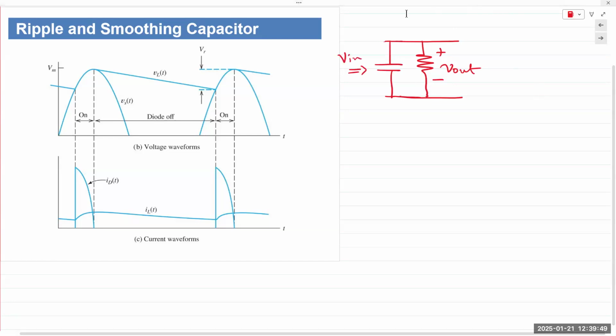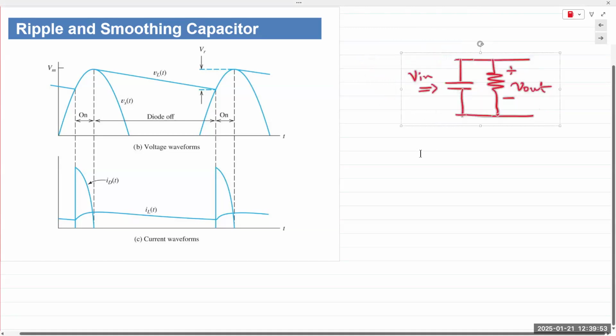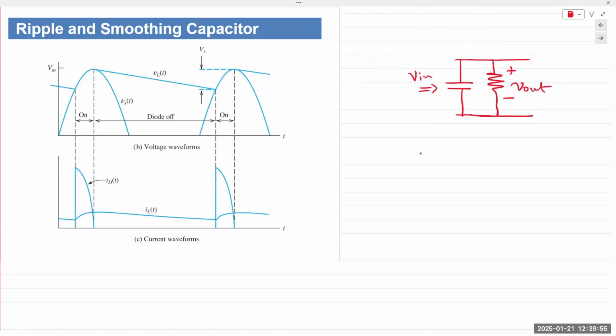And the V in is basically the output of the rectifier circuit. So what happens? Quick illustration. The capacitor receives the energy from the rectifier circuit and then discharges it back into the circuit.